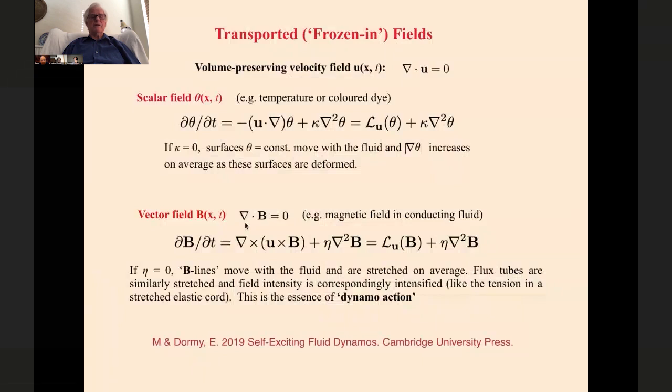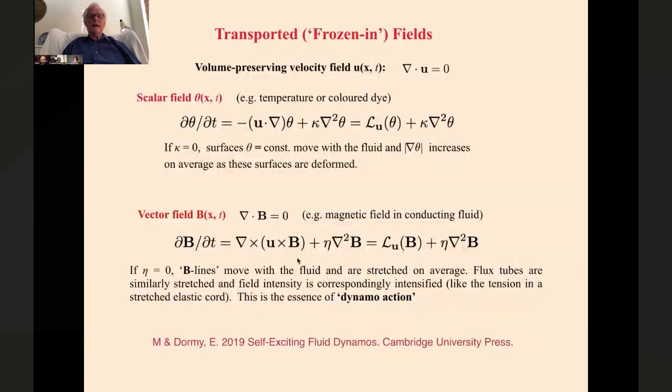Here I'm thinking of a solenoidal vector field, div b equals 0, and the prototype example is magnetic field in a conducting fluid, which satisfies what is known as the induction equation here. This is now the advection term that corresponds to frozen-in field, but there can also be a diffusion, ohmic diffusion, with a constant eta here.